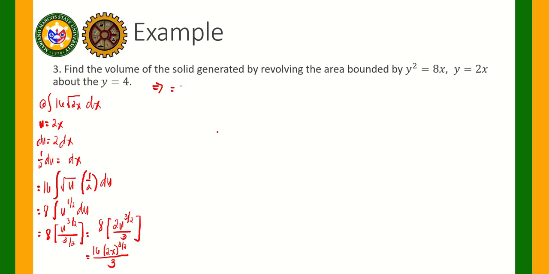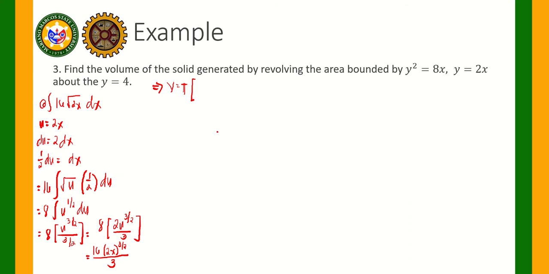This will be equal to volume is equal to pi times, yung nauna natin is negative, oh sorry, okay, so that will be equal to negative 12x squared plus 4x cubed over 3, and then this one plus 16 over 3 times 2x raised to 3 over 2, limits from 0 to 2.